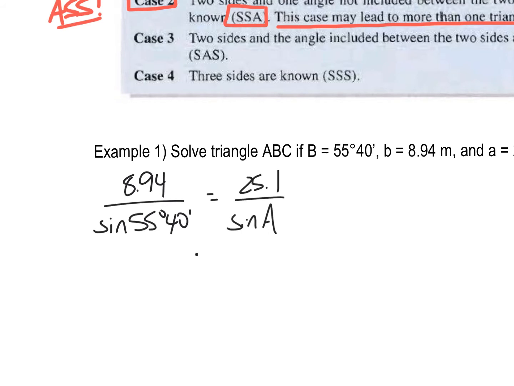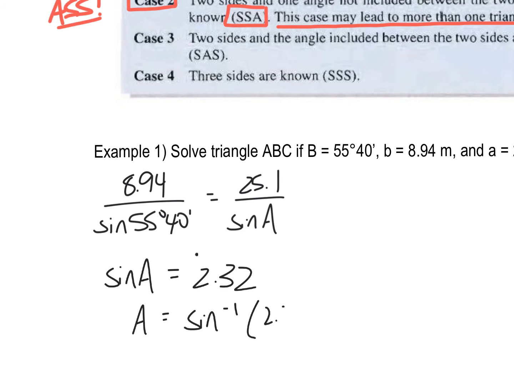Pause the video and actually show the cross multiplication if you want to. If you're okay with that, you get all the way down to sine of A equals 2.32. Remember how to solve for this: to get the A by itself, we do sine inverse of 2.32, and your calculator gives you an error.